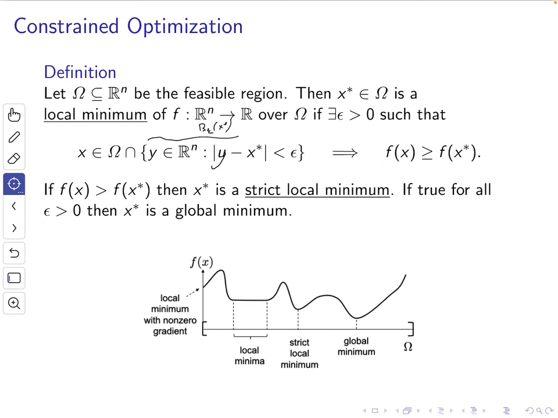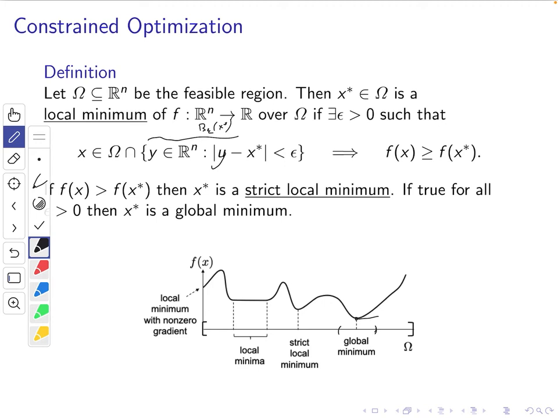Then it's a local minimum. So for example, down here at the bottom we have a local minimum, because we can find an epsilon ball where f is smallest at that point.